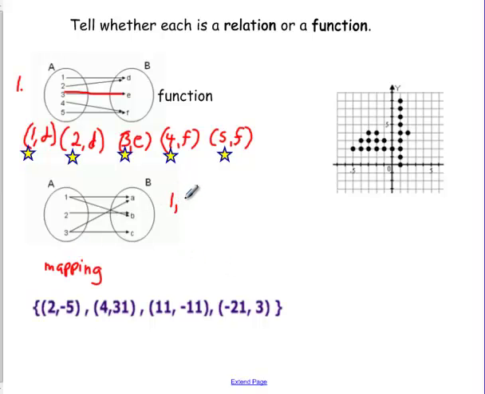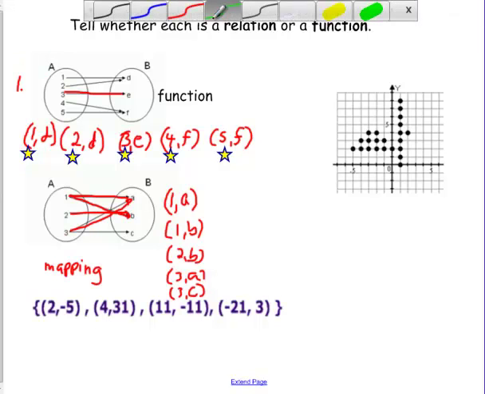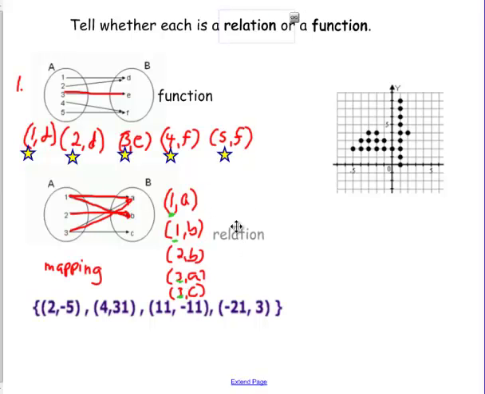Well, 1 pairs with A. 1 pairs with B. And, well, I could keep going, but I pretty much already have my answer. 2 pairs with B. 3 pairs with A. And 3 pairs with C. So right here I can see the first element repeats here, and then I have another repeating here. So this is not a function. This is just a relation. It doesn't have the chutzpah to be a function.